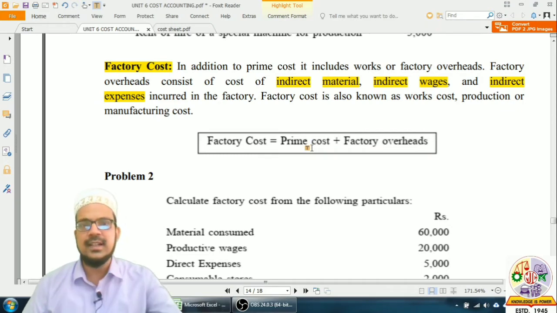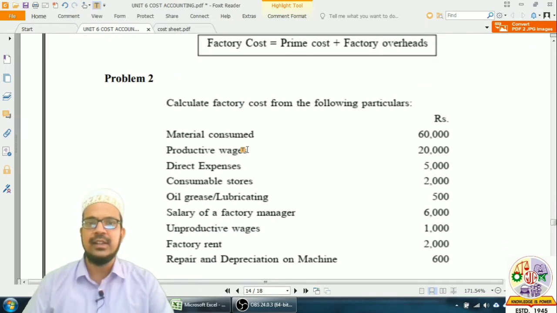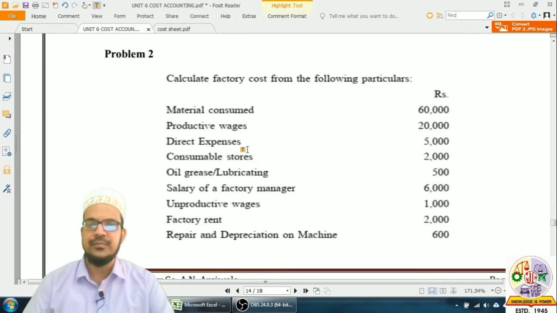To understand this factory cost further, let us take a small problem on calculation of factory cost. Look at the problem on your screen. The following things are given and you need to find out the factory cost.